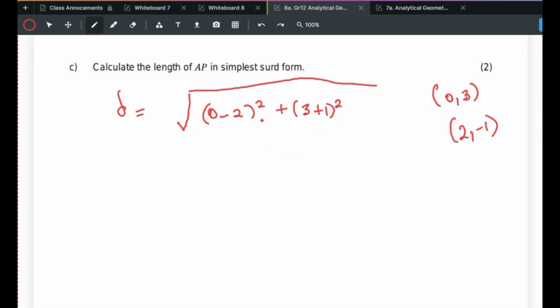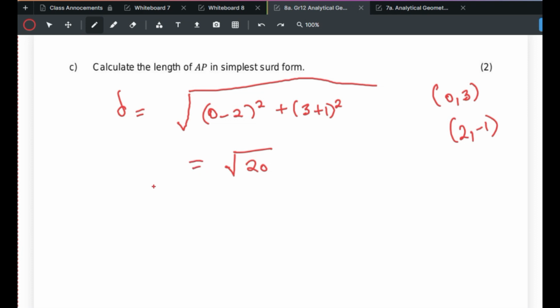So this is 4, and this is 16, since 4 squared is not 8, it's 16. Sorry about that. So 16 plus 4 is 20.